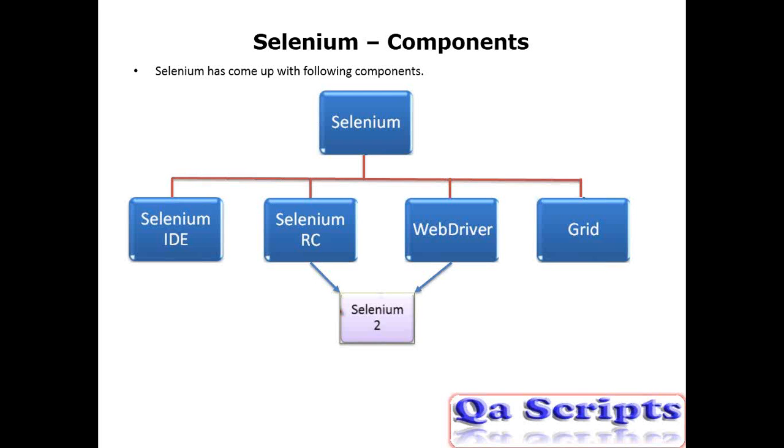After looking at these, the Selenium RC and WebDriver API designers decided to merge both of these APIs and come up with one single API. That's what we call Selenium 2 or Selenium WebDriver. We will look at that part in coming slides.